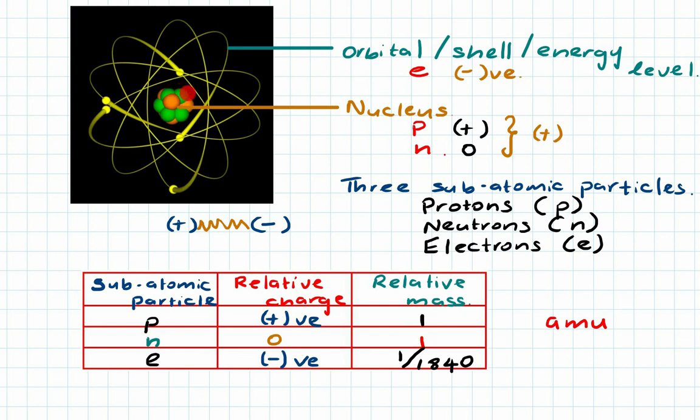Which means that the entire mass of an atom depends on its nucleus, because these tiny electrons that orbit around the nucleus carry a very negligible mass, which is 1 over 1840. Due to this reason, we can simply say the entire mass of an atom depends on its nucleus. Hope you understood what an atom is.